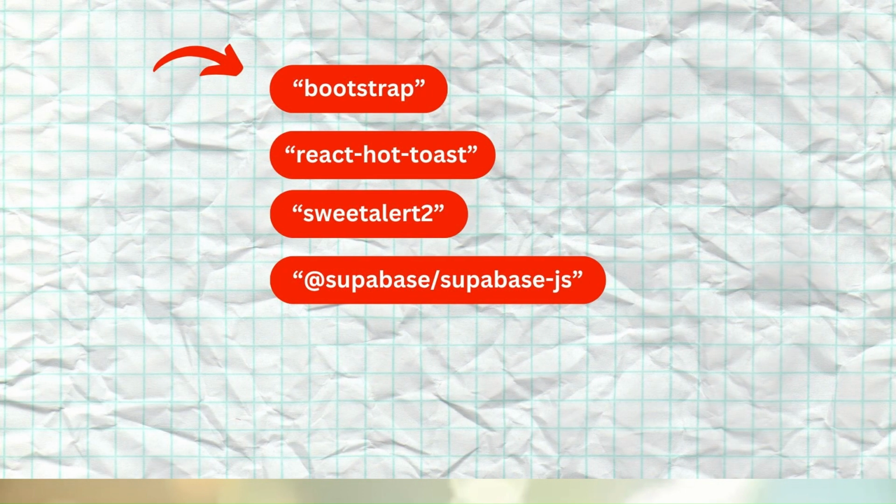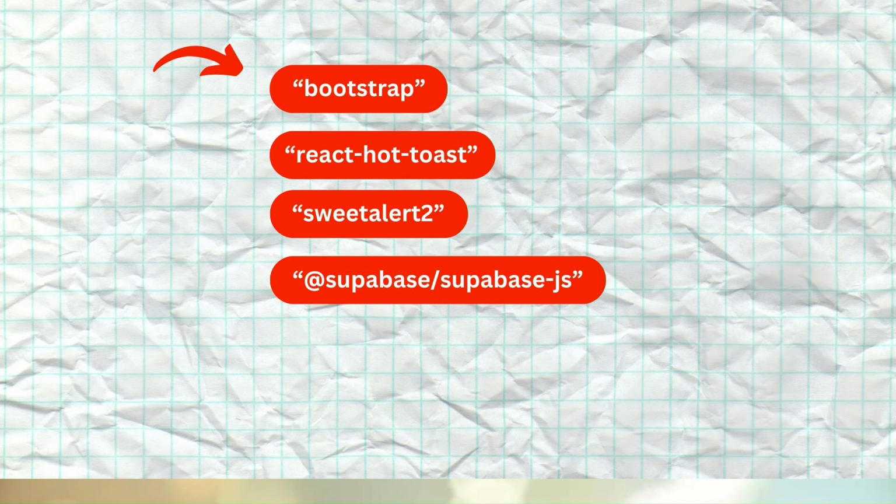And one more thing, if I talk about the complete NPM packages that we have to install inside this course, first thing first, we'll see how to install Bootstrap and how to use Bootstrap classes to create our layout. After that, for browser notifications, like we already saw "student created successfully" and "student deleted successfully", we'll use another NPM package, and that is React Hot Toast.